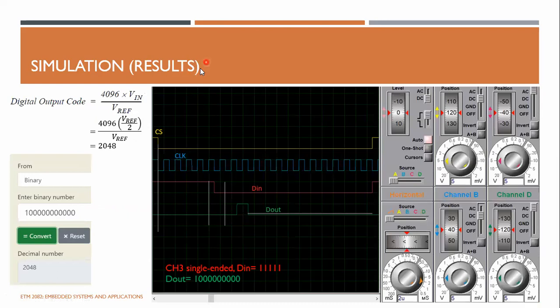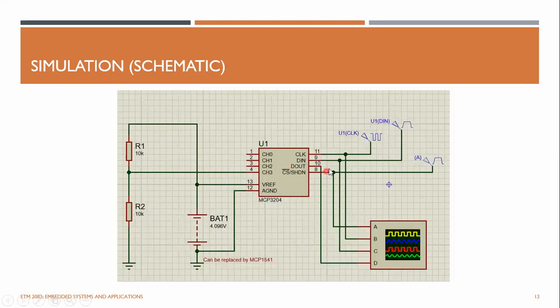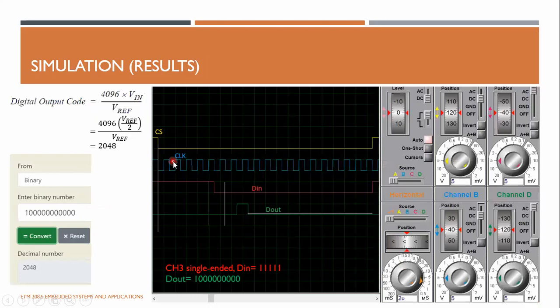So what you can do is connect this device to a microcontroller. You can see I have used signal generators. Instead, you can generate these waveforms by using delays, right? If you use chip select, initially you can set that pin to high, and if you want to start the communication, you can set that pin to low.